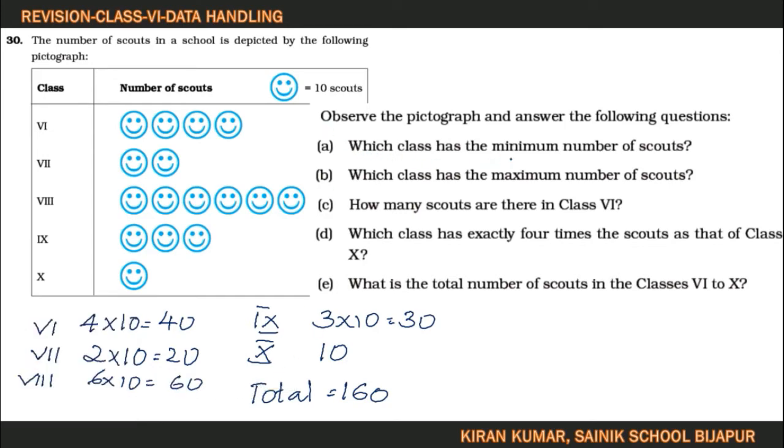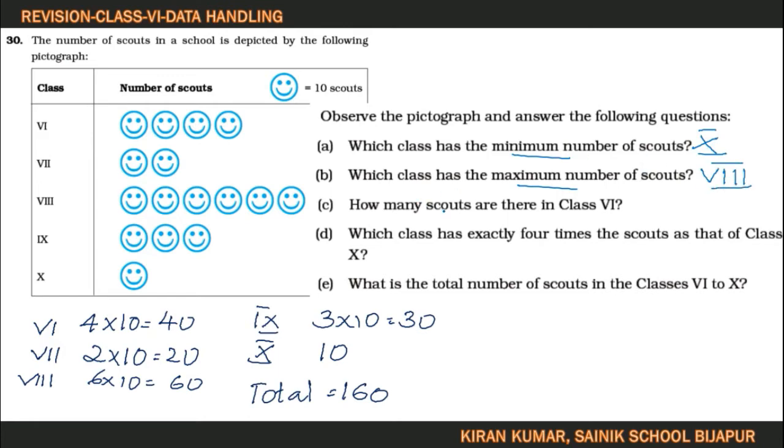Which class has maximum number of scouts? Here the class 8 has got the maximum number of scouts, and the minimum number of scouts are there in class 10. So for the first question, minimum number is class 10, maximum number is class 8.